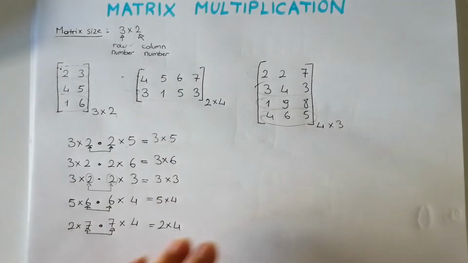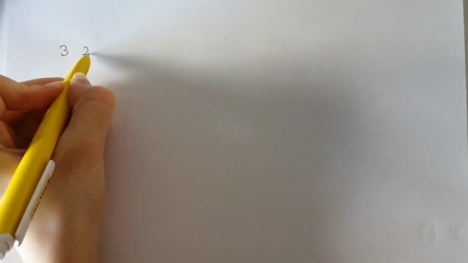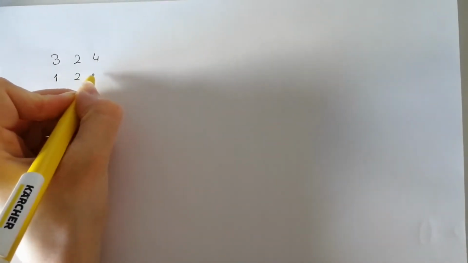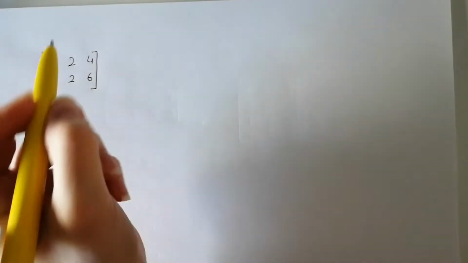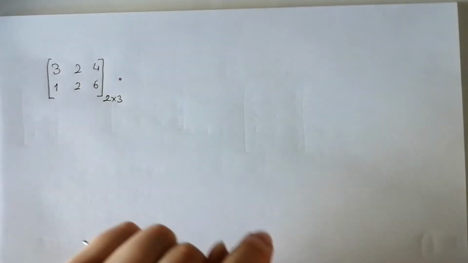So now let's make an example. Let's multiply 3, 2, 4, 1, 2, 6 by, this is a 2 by 3 matrix, so the second matrix should have 3 rows.